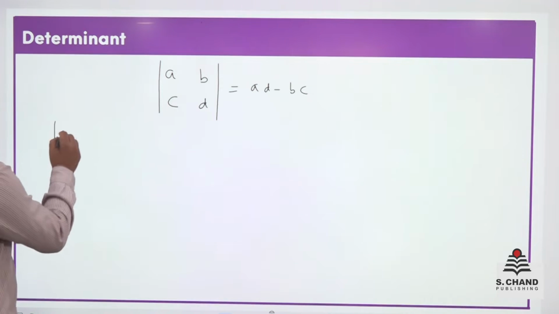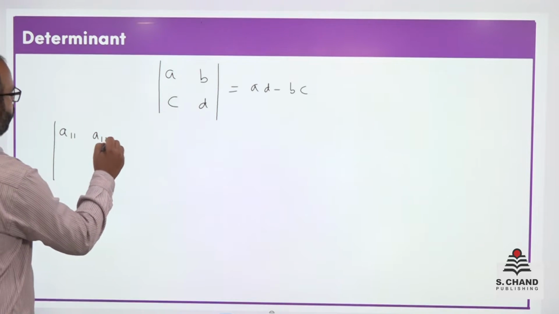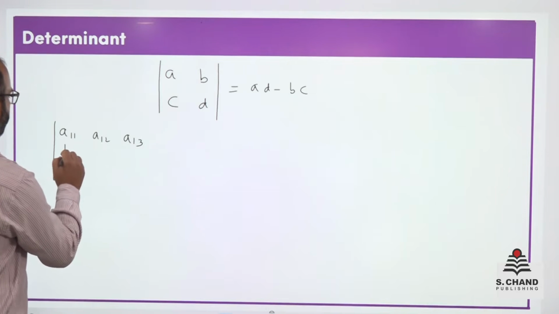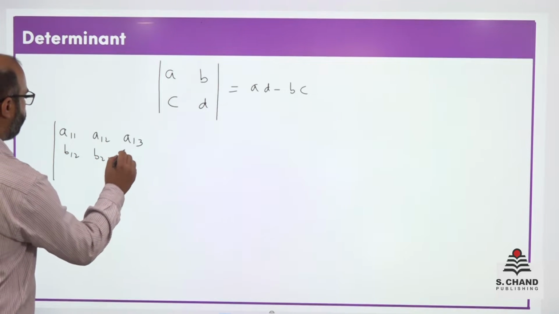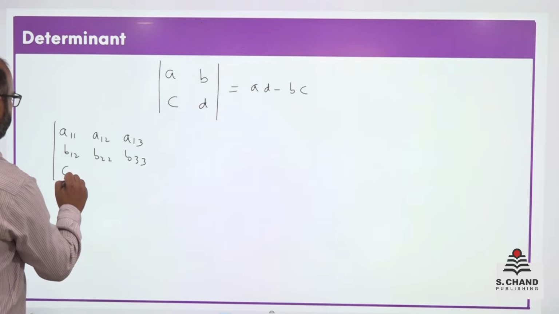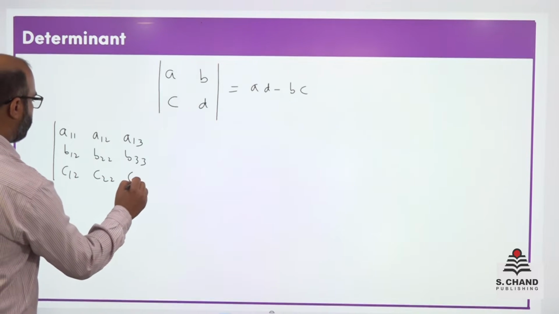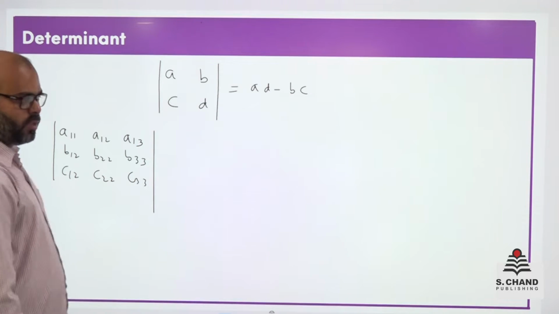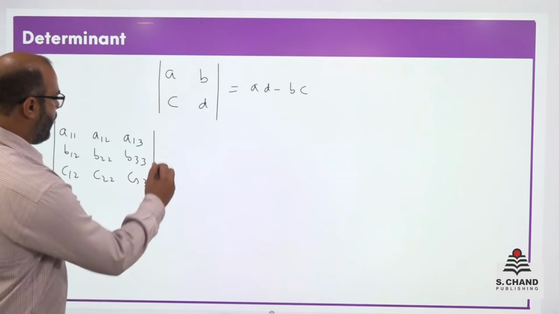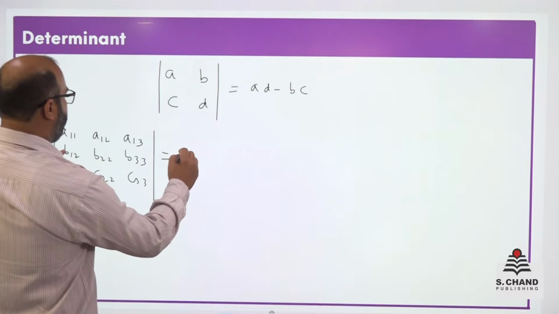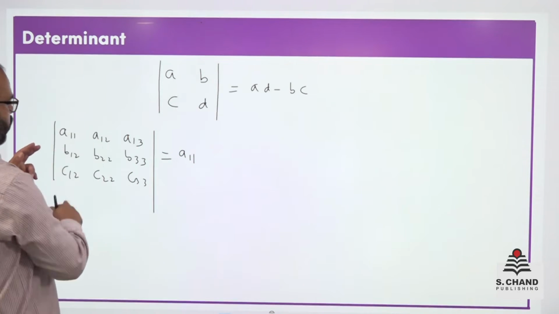If the determinant is A11, A12, A13, B12, B22, B33, C12, C22, C33, a third order determinant, then how can this be expanded? A11, and eliminate this row and column.